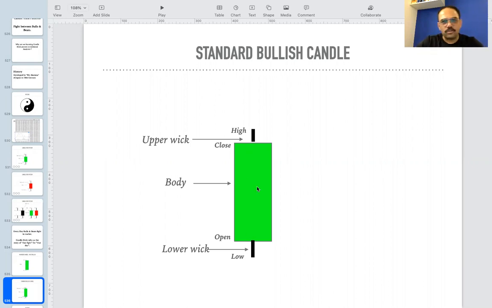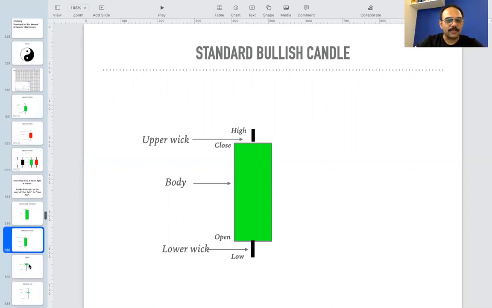So still bulls won, but bears also had some say in that. The length of this wick will tell how much bears pulled down from the peak. This will tell how much bulls pulled up from the bottom.